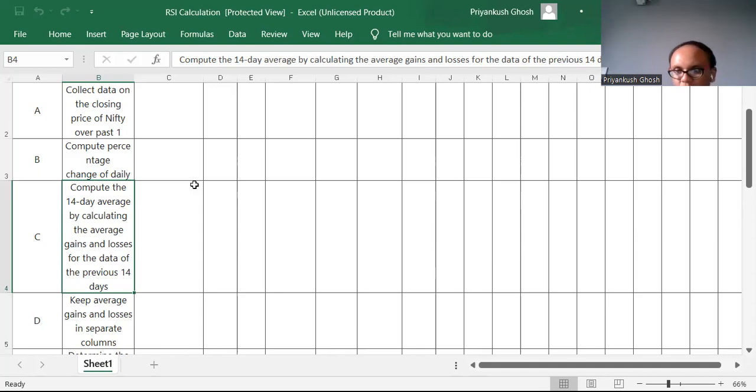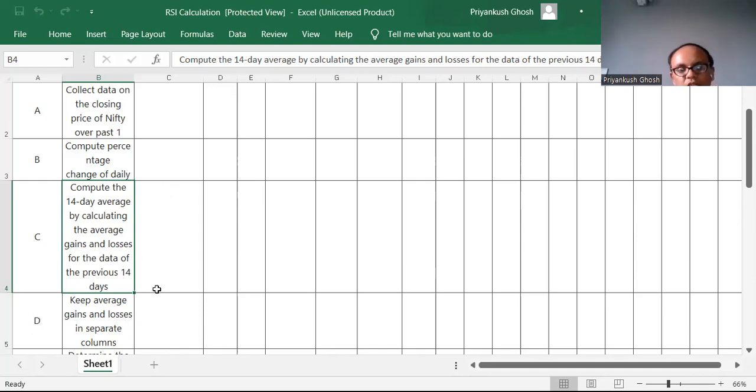In our example, the first 14th period will come on the 14th day. Today is the 28th of March, so if I calculate from 27th of February, the 14th day from then will be my first calculation, the first average which I can calculate.